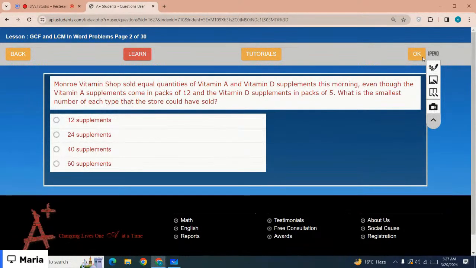The next one is Monroe Vitamin Shop sold equal quantity of vitamin A and vitamin D supplements this morning.